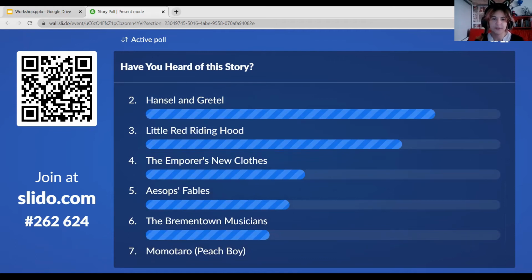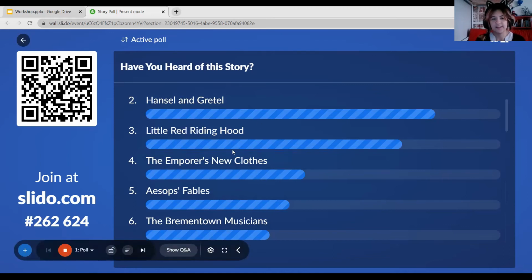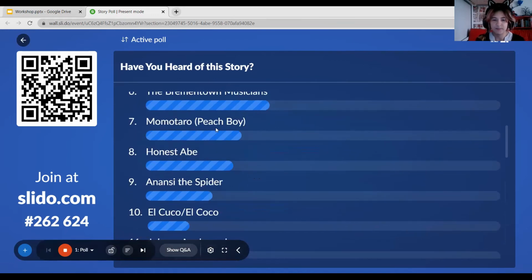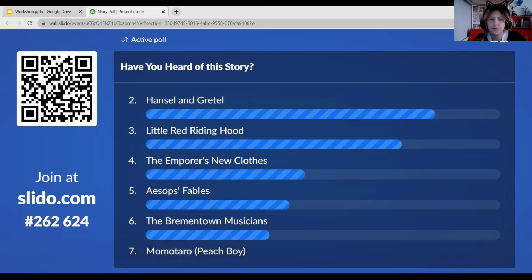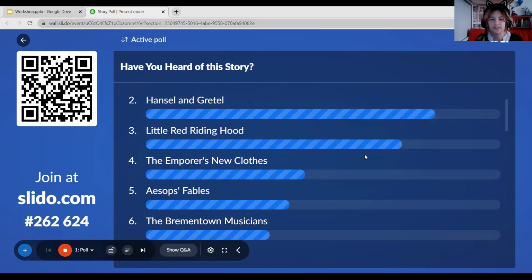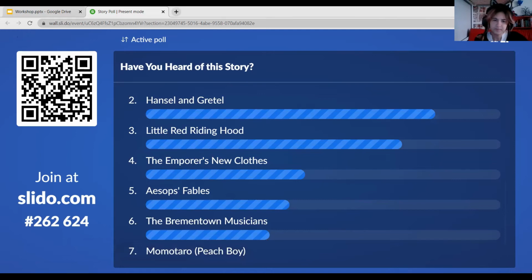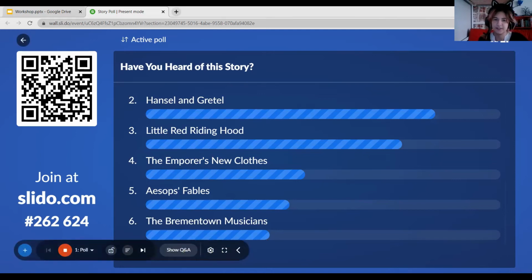When she went to school, most of the teachers were white Americans, and the stories they were taught in school were things like Hansel and Gretel, Honest Abe, Johnny Appleseed, or the types of stories from the white colonial times when the settlers were coming in and settling down in the US, which is not from our Mexican culture. We didn't learn the stories from our culture or families. That was pretty interesting.